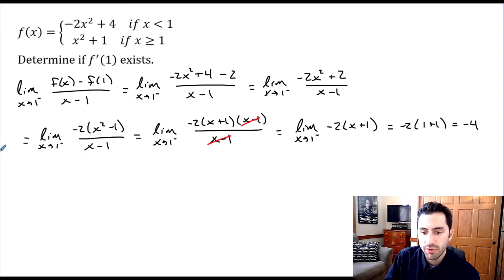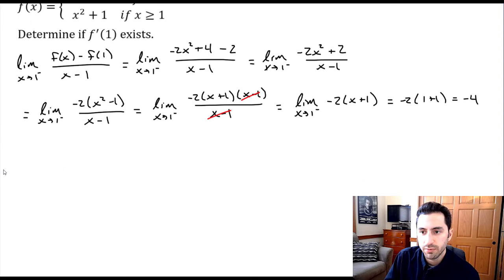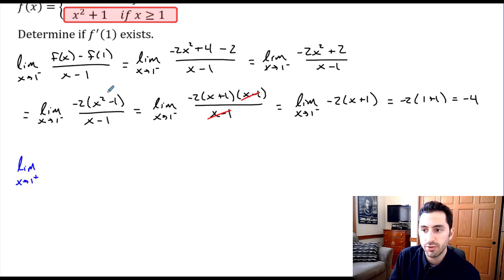We need to do the same thing for the right-hand side. So now let's take a look at the limit as x approaches 1 from the right. And in this case, because we're approaching from the right, we're going to use the second equation, because that's the one that matches up with all the x values greater than or equal to 1.